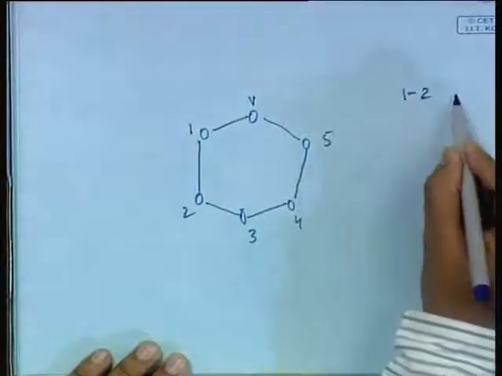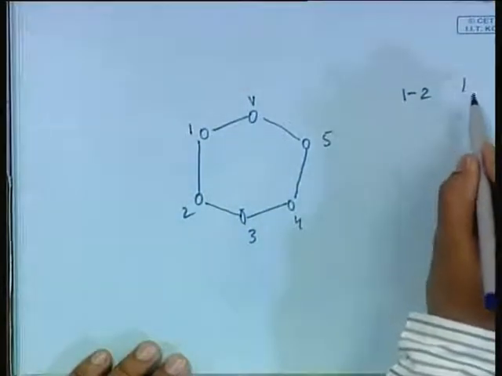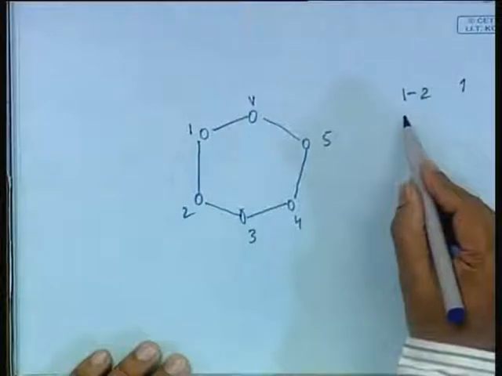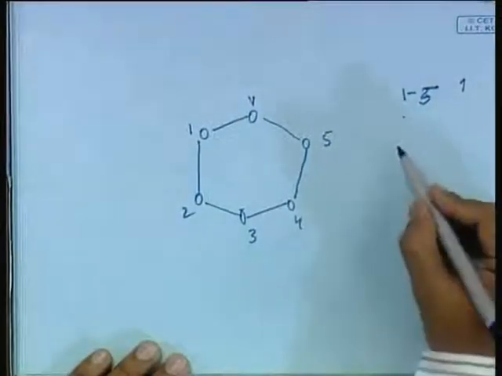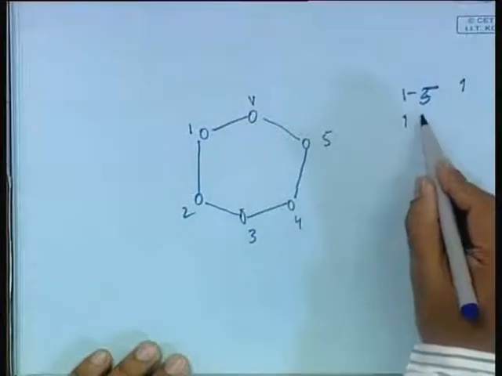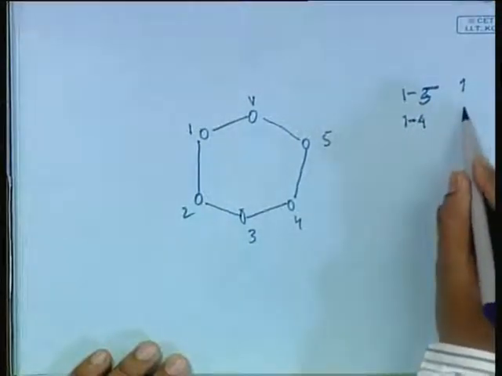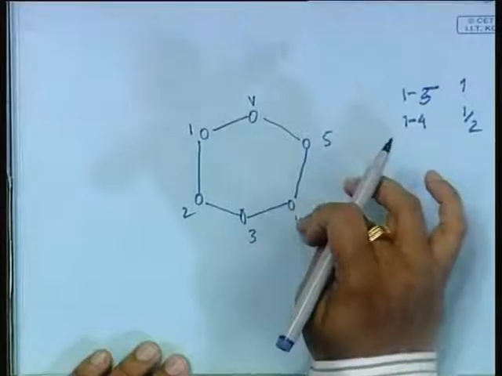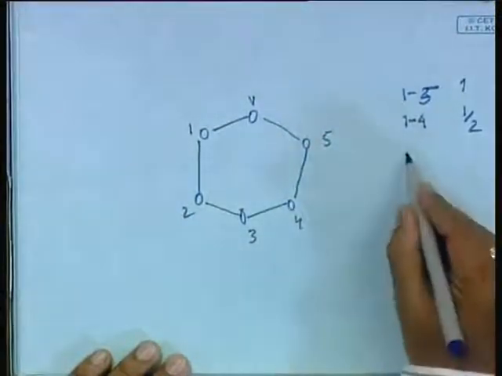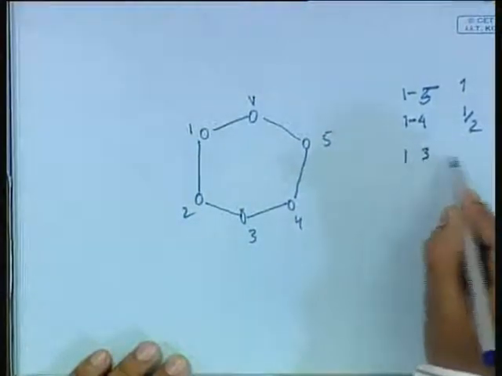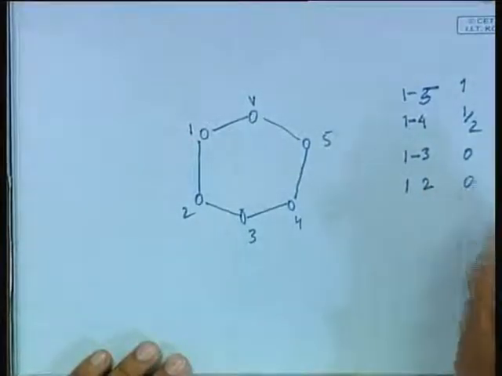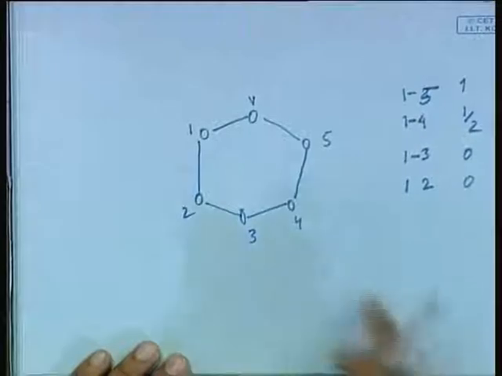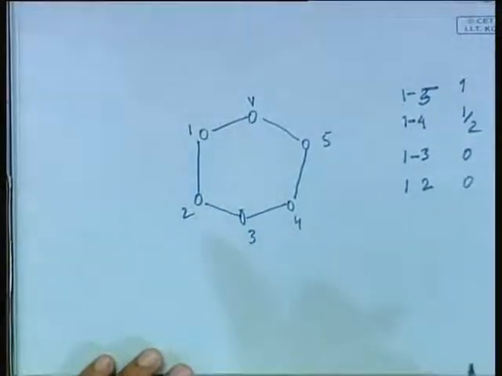The shortest path between 1 and 5 passes through V, so it is like 1. What about 1 and 4? It is actually half, because there are 2 paths, one is this way and one passes through it. And 1 and 3 is actually 0, 1 and 2 is 0. So you can do it for all the nodes and you will see that it is really not very high for any of the nodes for a ring.